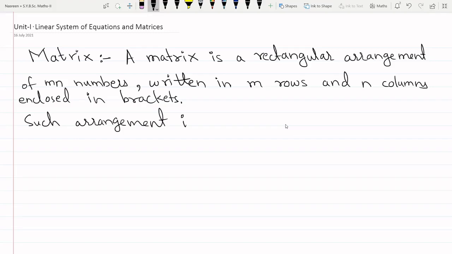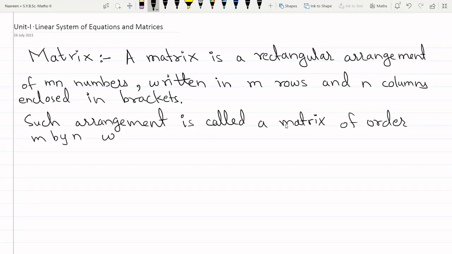We write this as m cross n, and we read it as m by n. So if you have an arrangement of numbers having m rows and n columns enclosed inside a bracket, you will call that arrangement a matrix of order m cross n.